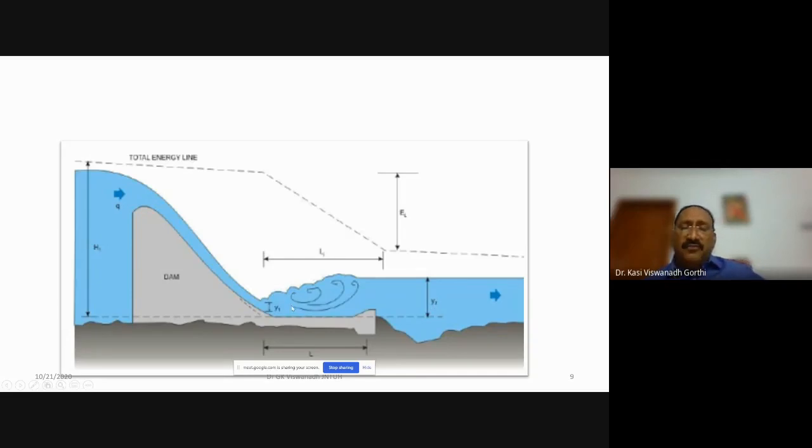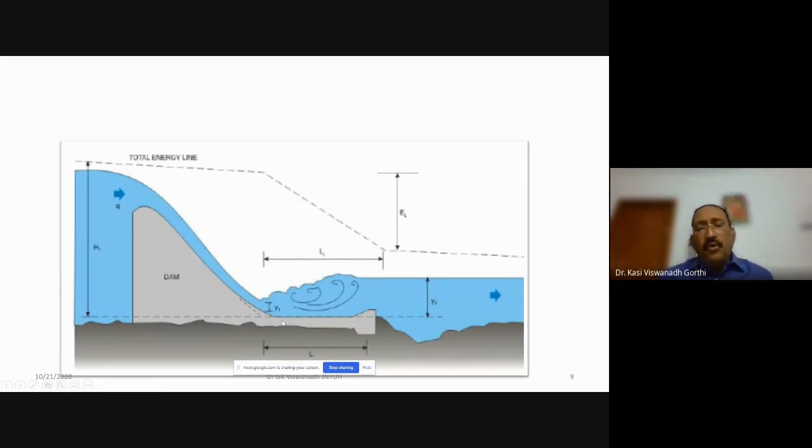When the supercritical flow depth y1 at the foot of the spillway changes to y2, the subcritical depth, there will be a change of the state of flow from supercritical to subcritical, and hence the formation of the hydraulic jump. Sudden and turbulent passage of water is the basic phenomenon in the hydraulic jump. This is called the length of the jump, the portion through which it extends.